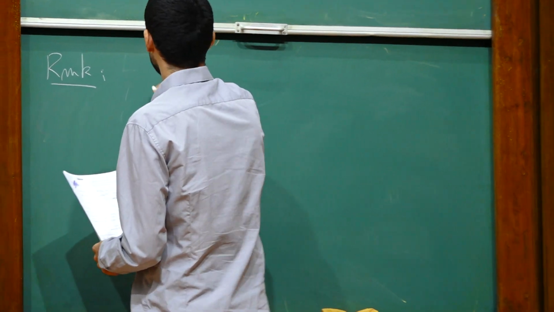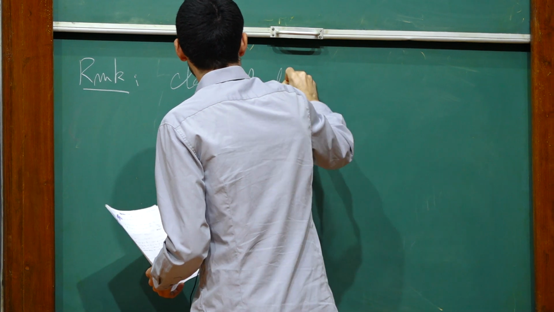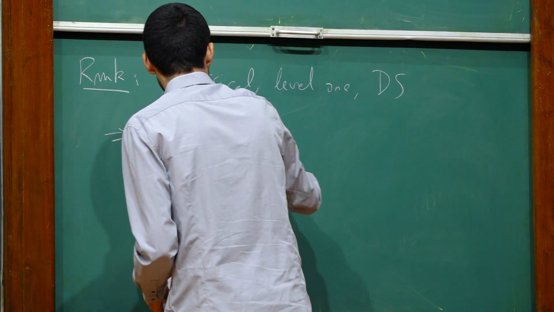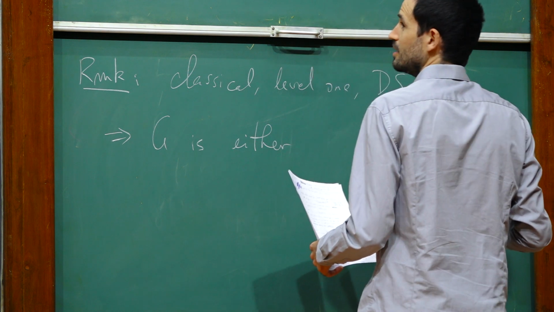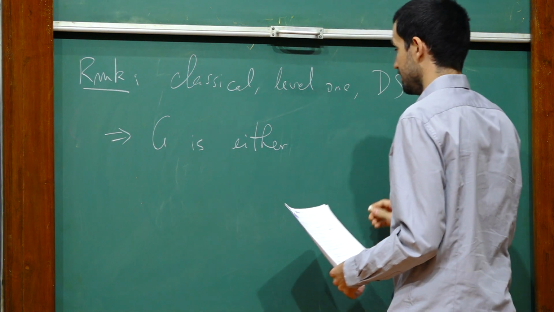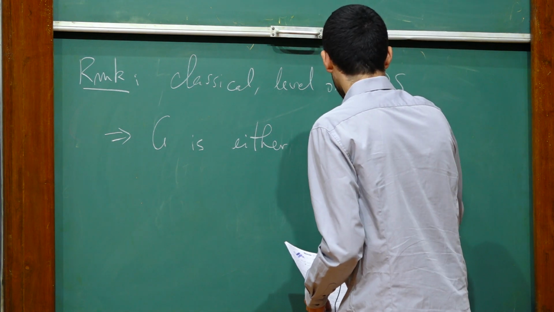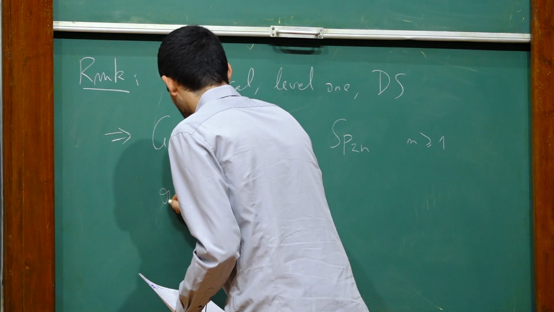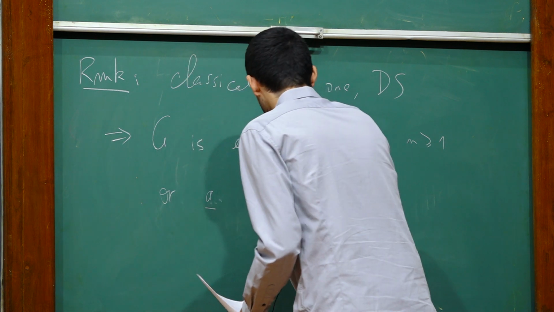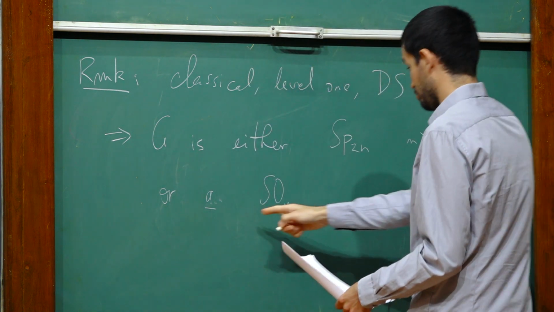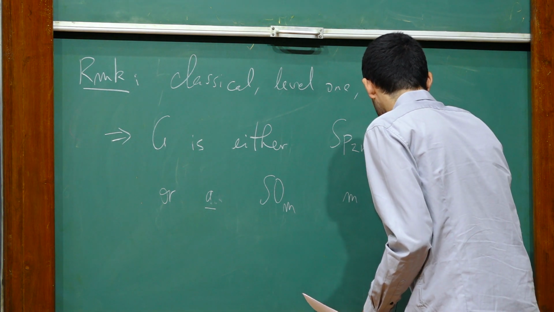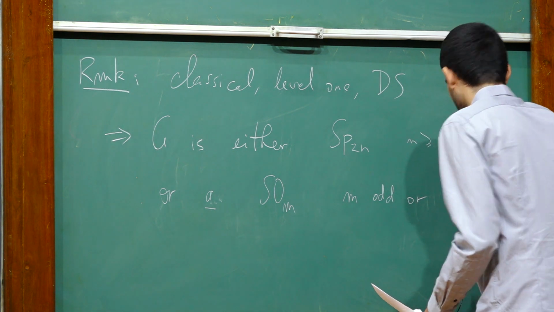Anyway, these conditions, classical, level 1, and discrete series, imply that G is, there aren't so many, for example, the GLn, or well, SLn, say for n at least 3, is excluded, so G is either Sp2n for some n, or I'm going to write a special orthogonal group, so there's more than one, SOm for m which is either odd or divisible by 4.